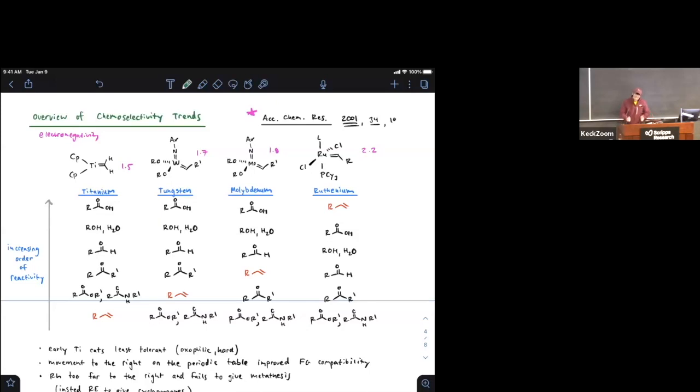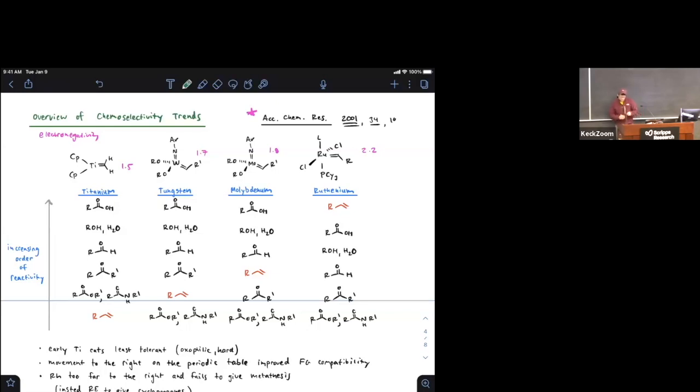The key point is that metathesis-active metals from titanium to tungsten to molybdenum to ruthenium each have different intrinsic chemoselectivities for different functional groups that you encounter in synthesis. The reason people tend to use ruthenium olefin metathesis catalysts in synthesis is not because they're the most reactive. In fact, molybdenum and tungsten catalysts are almost always more reactive in terms of turnover frequency. It's the chemoselectivity. Ruthenium olefin metathesis catalysts will react with olefins in preference to almost any other functional group.